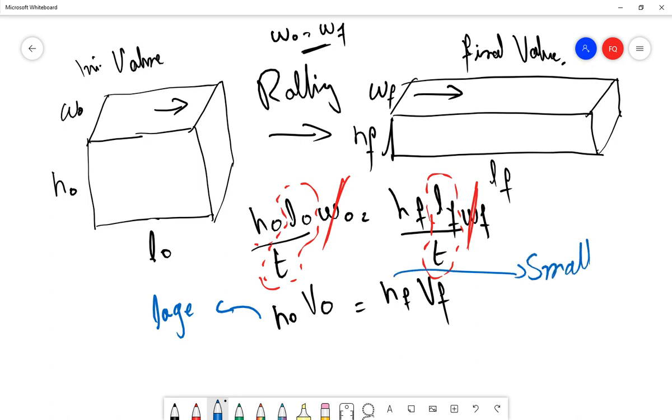You can see it from here. So this h naught is large and this hf is small, clearly. And when there is an equal sign in the middle, automatically this has to be small and this has to be large to satisfy this equation. So far so good?